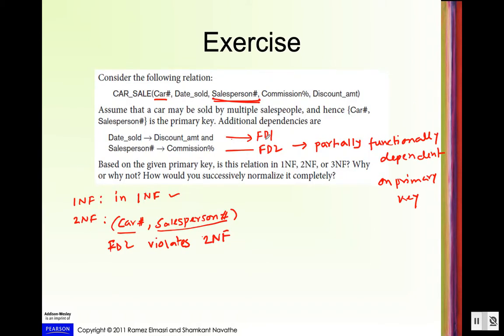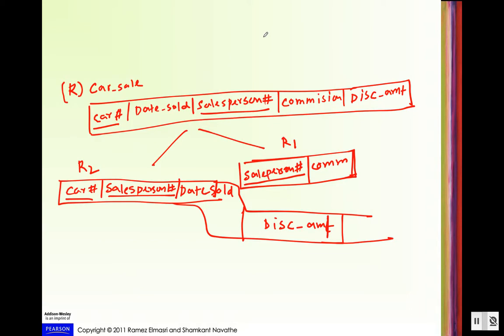So I have a functional dependency FD1, where discount amount is determined by the value of date sold. You can see that discount amount is a non-key attribute, and date sold is another non-key attribute.